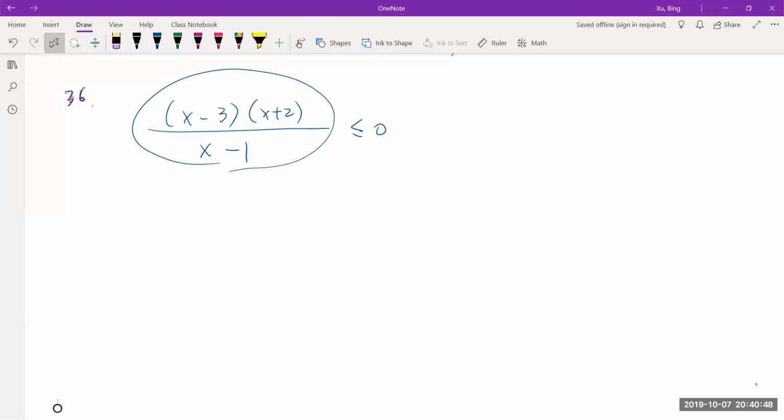Okay, let's take a look. So first, since this is already factored, one side is equal to 0, right? I just need to find the 0 from the numerator and the 0 from the denominator. What are the zeros from the top? 3 and -2.